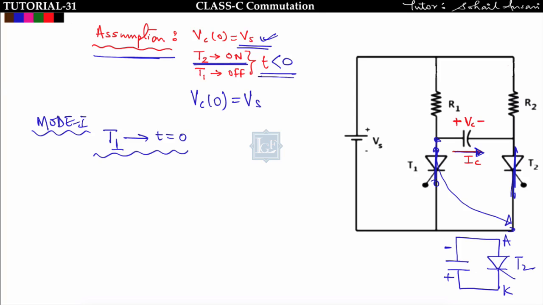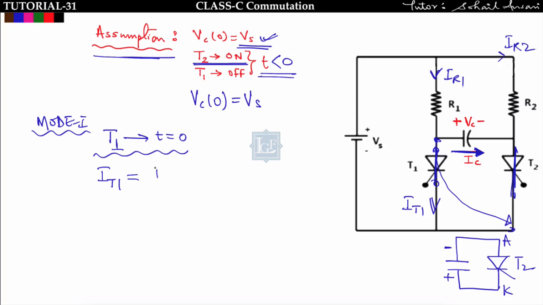Got it? Now tell me what is the current flowing in this thyristor when T1 is triggered at t equal to 0. This is the capacitor current, right? We need to find the capacitor current, and the total current flowing in thyristor T1, which is IT1. Let us say this is IR1 and this is IR2.